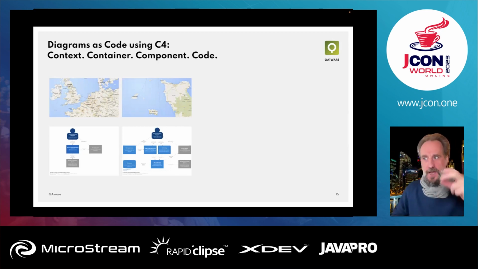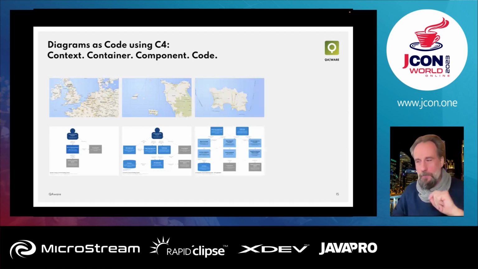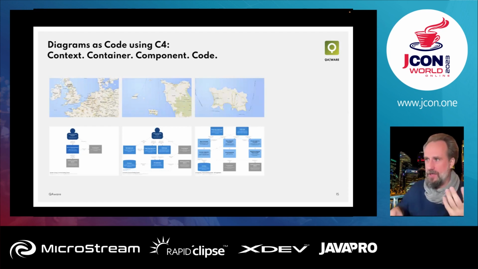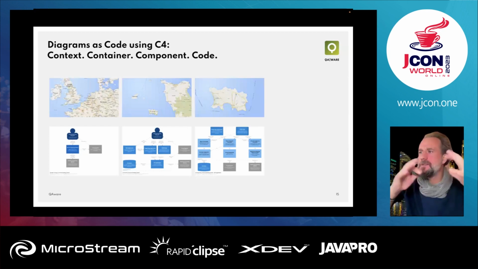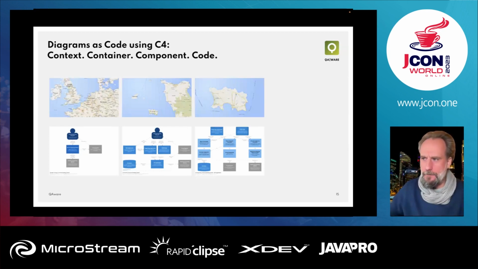And if you now double click on one of these containers, you then come down to the component level. And component is really, now we talk about conceptual business type components, right? Some controller, some, I don't know, let's say persistence unit maybe. So this is what's called component.